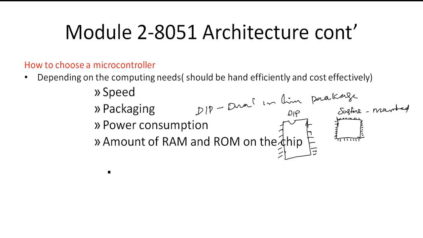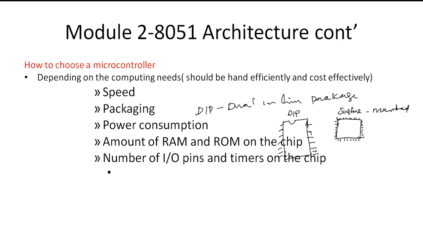If you have a more complicated or lengthy application program within your system, you need a microcontroller having a large amount of RAM and ROM within the chip. So that is another point that should be considered while choosing a microcontroller.